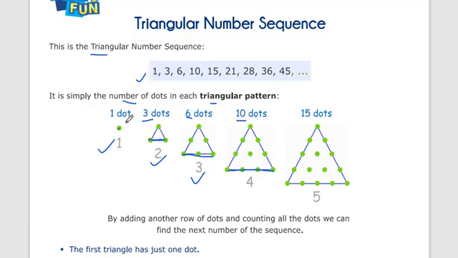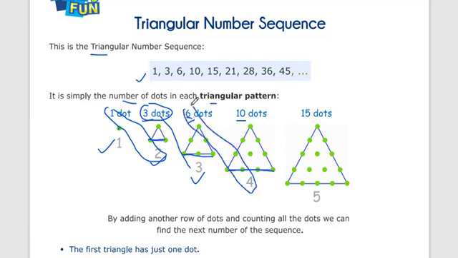We can also find it like this. For the second term, add 1 dot and 2 dots, so the second term is 3. Then 3 plus 3 is 6, then 6 plus 4 is 10. So we add 1, 2, 3, 4 in every term. Here 1 plus 2 is the second term, then we add 3, then 6 plus 4.